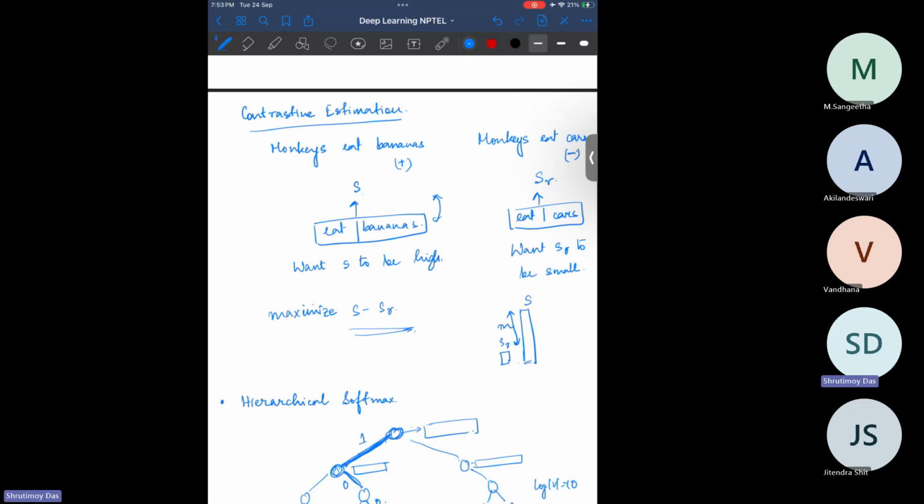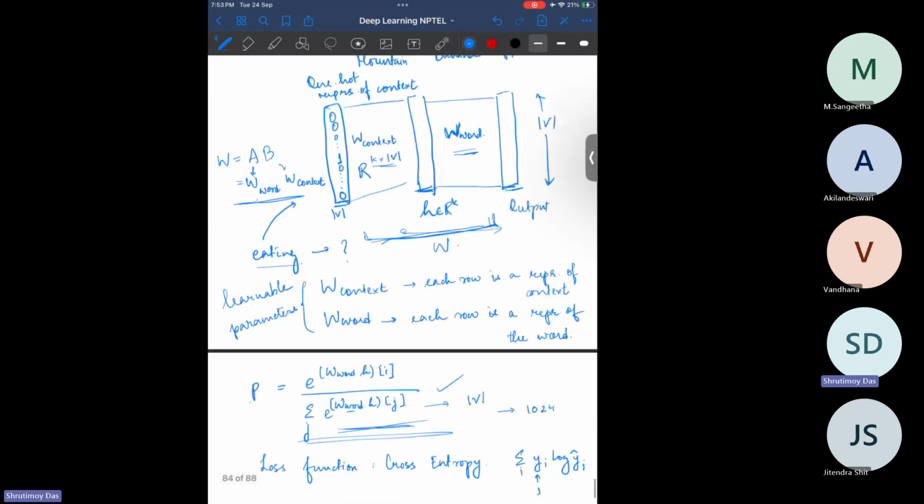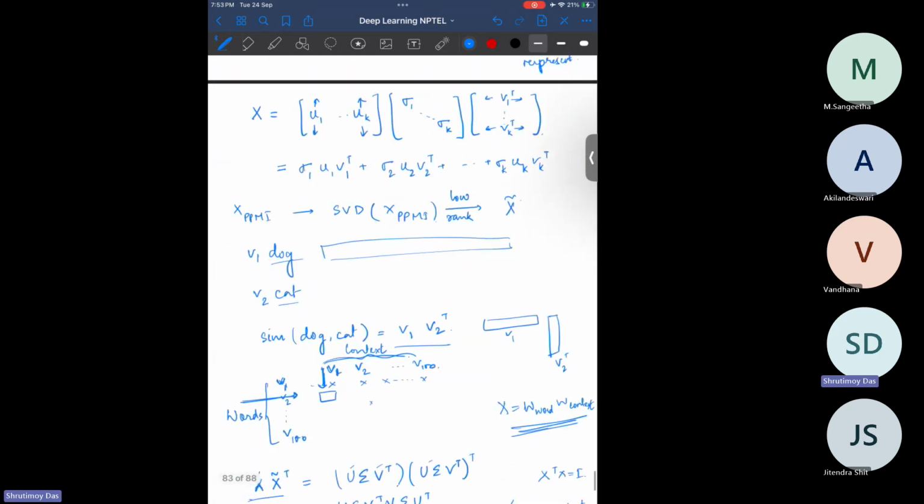So in this case we would want something like semantic relatedness. So the dot product, we wanted this quantity to be high. Thus, the similarity of dog and cat should be high because they are similar words. It is just a way of evaluating whether the representations that we have learned are good or not.